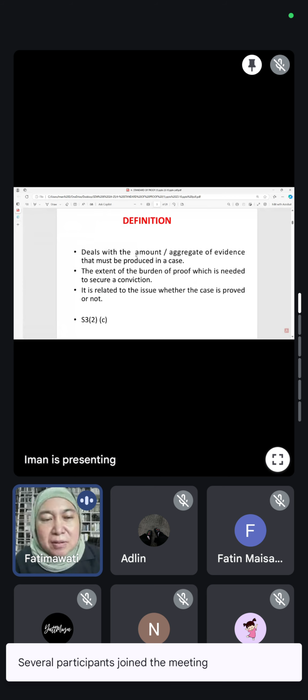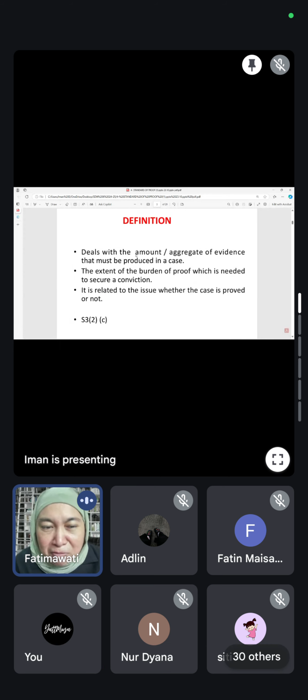Okay, definition. Standard of proof is actually the amount of evidence that you need to produce in a court. For example, macam kes bunuh kan, in a murder case. Okay, how much evidence do you need to produce so that you can secure a conviction? So the amount of evidence, the aggregate of the evidence, is called standard of proof.